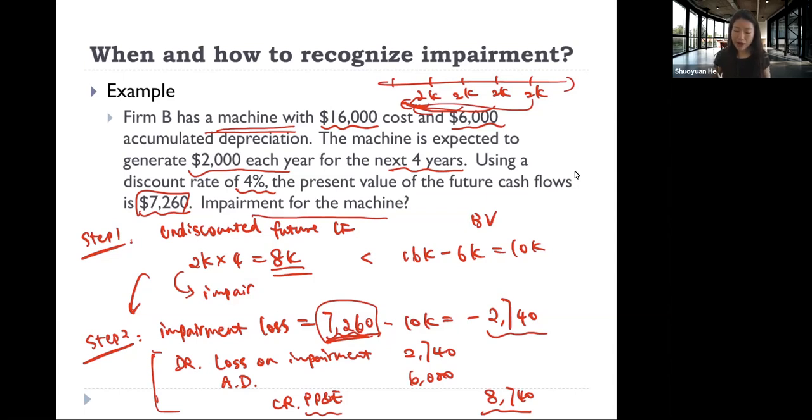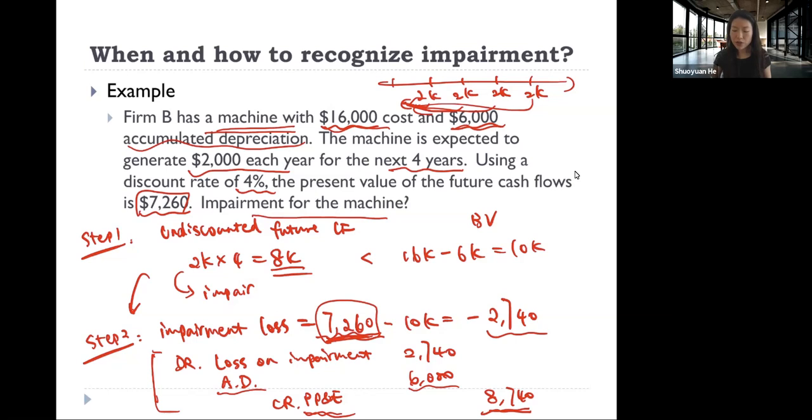So that's why we're reversing all of the accumulated depreciation, 6,000, the old accumulated depreciation we have had on this machine. And then we are writing down the cost of the machine to the new book value, the new cost, or the fair value now of the machine, which is 7,260.